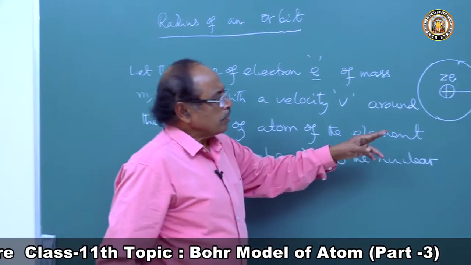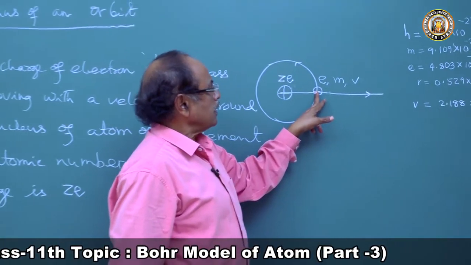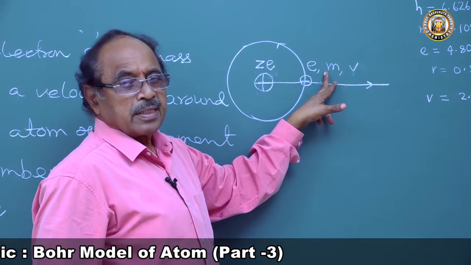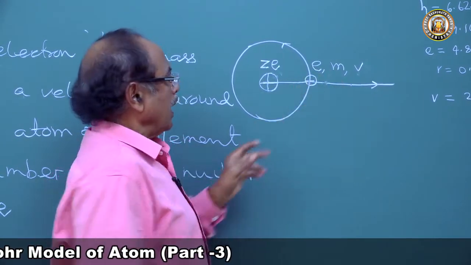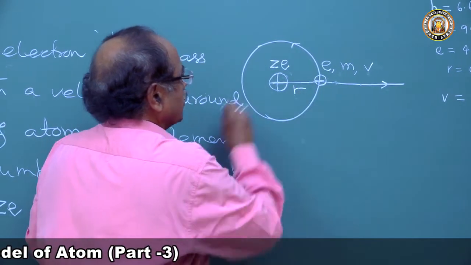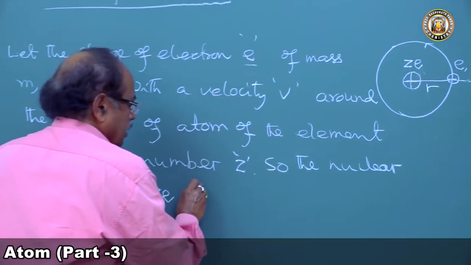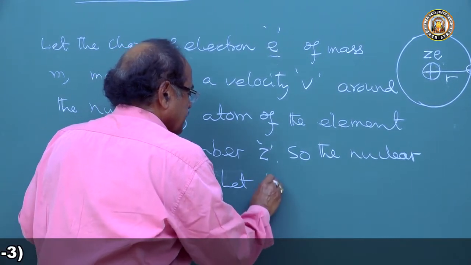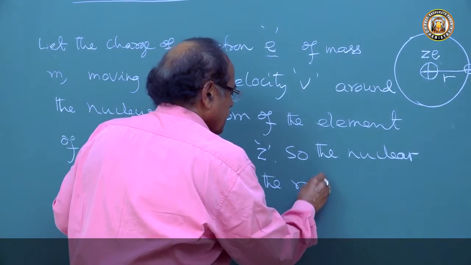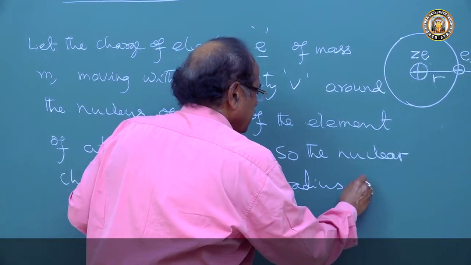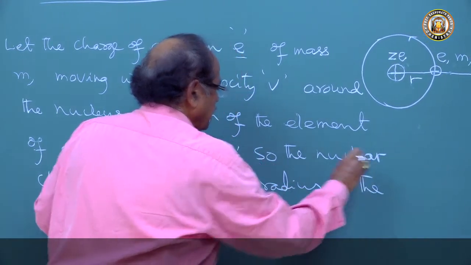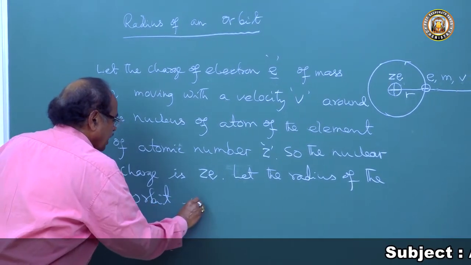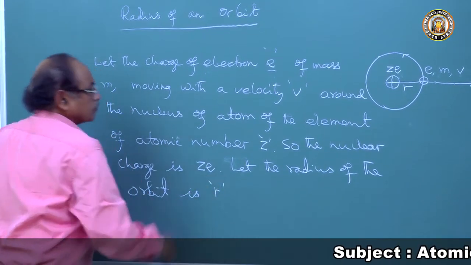And as the electron is moving with a velocity v and mass of the electron is m, and r is the radius of the orbit, let the radius of the orbit be r.